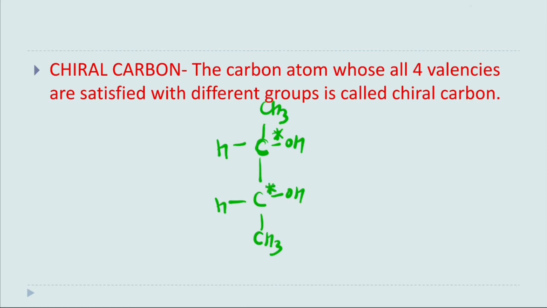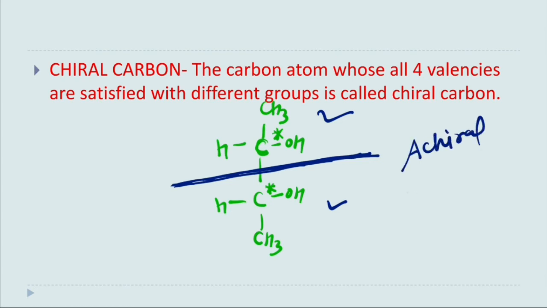So there are 2 chiral carbons present, but there is a plane of symmetry in this molecule. We can apply this plane and dissect this molecule into 2 similar halves. That means this molecule is achiral or symmetric and it will not show optical activity. So whenever you check optical activity in a compound, you must apply the plane of symmetry.